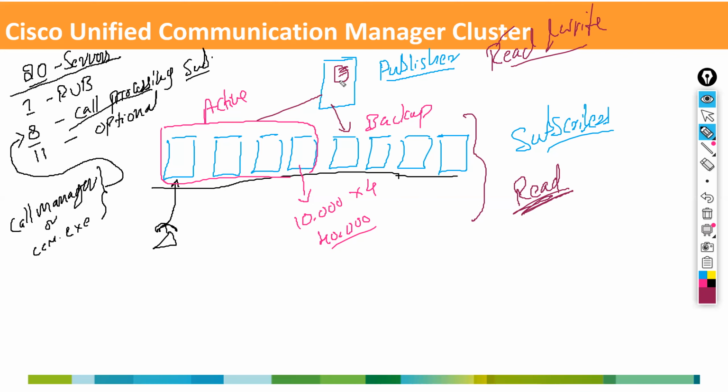Clear? Again, there are other things in that. We'll be discussing them when we register the IP phone: how the active and backup come in, how it gets registered, and everything. We'll look into that. Clear? What is publisher? What is subscriber?